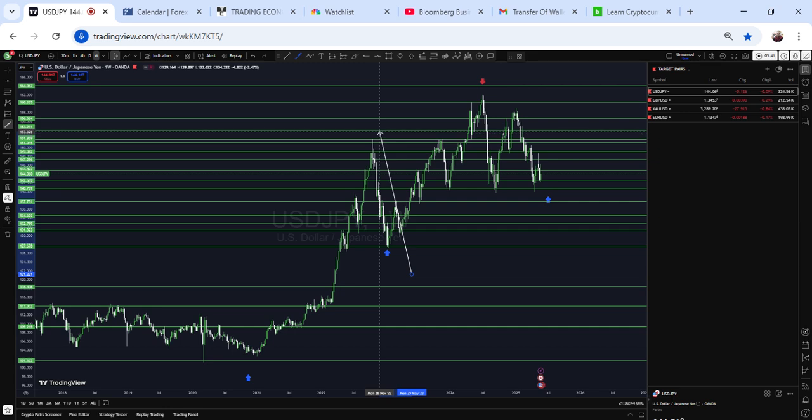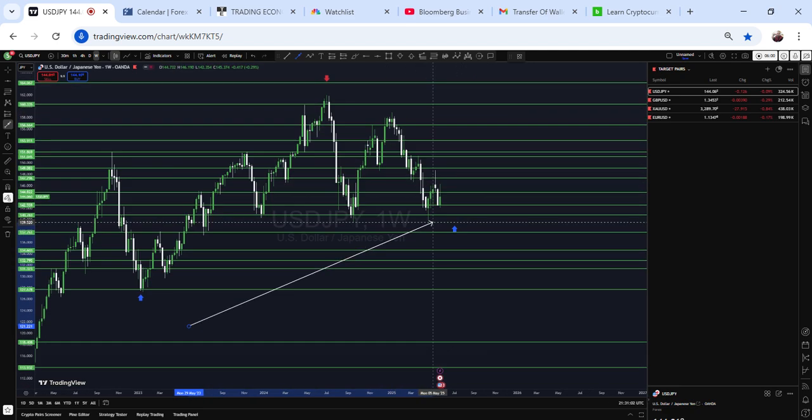Everything you're seeing on the chart, including the drawings, the price, the up and down arrows and everything, is called price action. You understand? All is called price action.